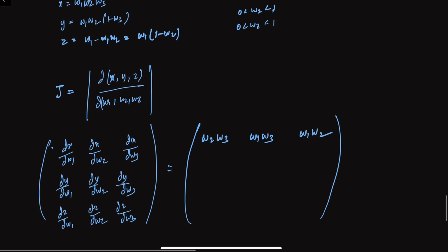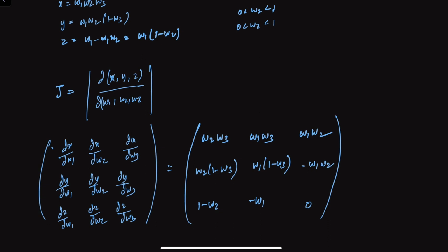For Y, it would be W2 into (1 minus W3), then W1 into (1 minus W3), and minus W1 W2. For Z, it is 1 minus W2, then minus W1, and since it has no W3 component, it is 0.